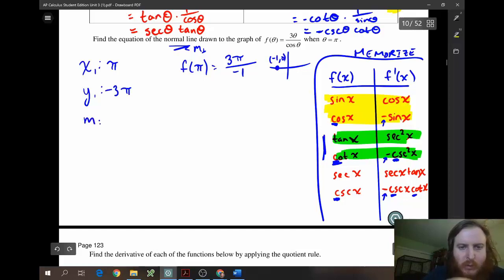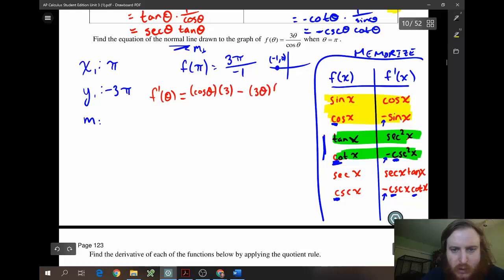And for m, we need to plug into our derivative. First we have to find the derivative, and we're going to have to do quotient rule. So f prime of theta, we always do that first before we plug in, is low, cosine of theta, d high, derivative of the 3 theta is 3, minus high, 3 theta, d low, derivative of the low is negative sine theta, all divided by cosine theta squared.